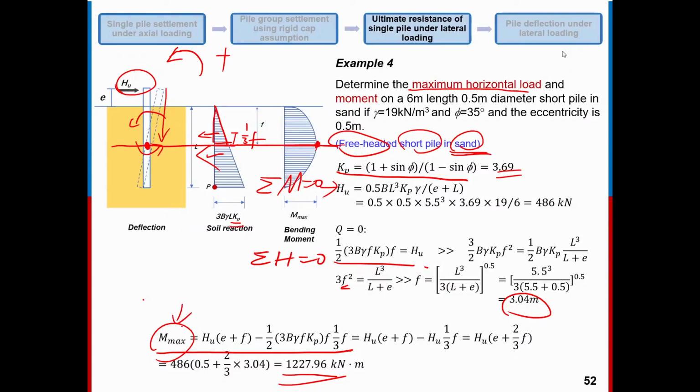And for the final step to calculate the maximum moment, we do the cutting to separate the pile into two parts, and the cutting position is always at the maximum moment position. We cut it and we can take moment at this cutting point. So we get this result.